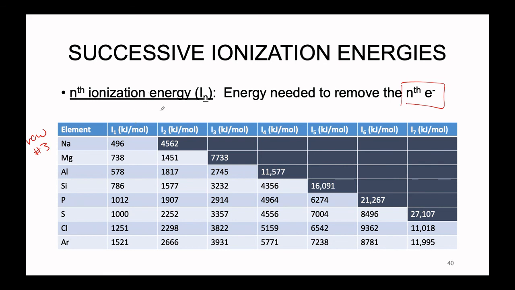And what the rest of these headers symbolize is how much energy it takes to lose 1 electron. So here is our first ionization energy. We lose 1 electron here. Second ionization energy, these are the energies needed to lose 2 electrons, etc. So we're losing 3, 4, 5, 6, and 7 electrons here.